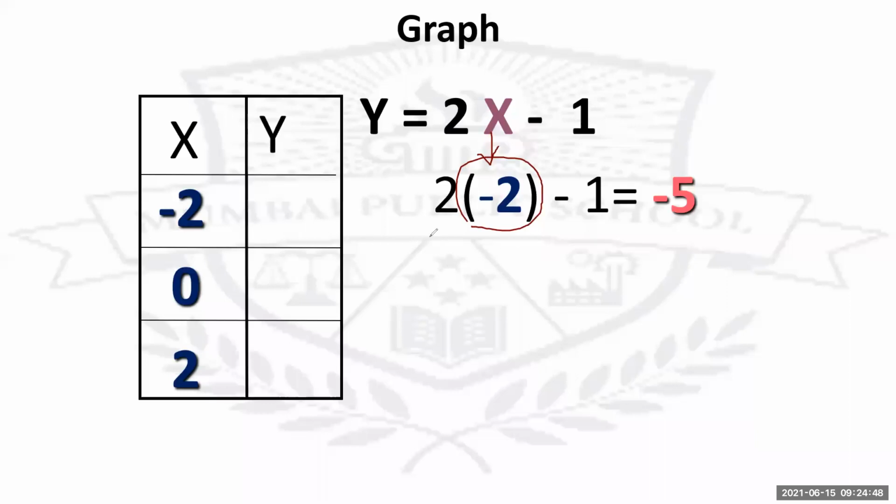You'll get 2 into -2, which is equal to -4. So -4 minus 1 is -5. Understood? In this way, you have to frame the table.